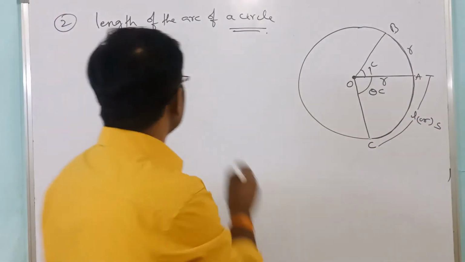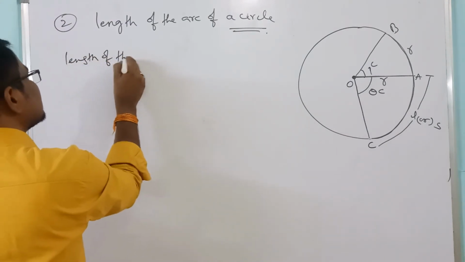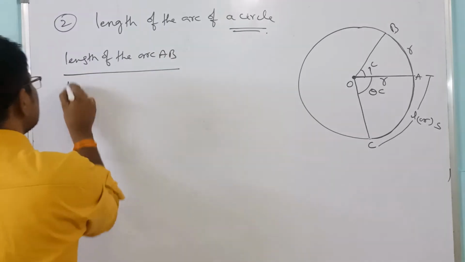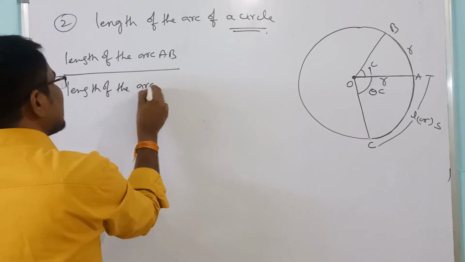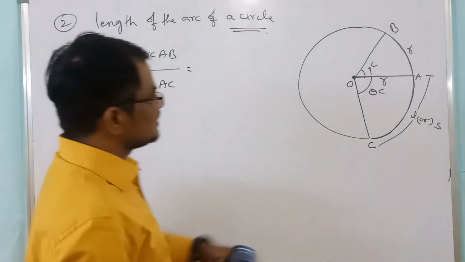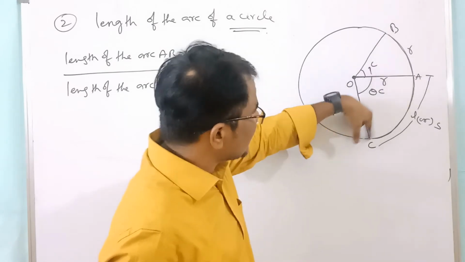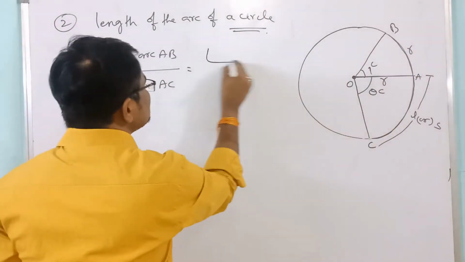Now once you see, length of the arc AB divided by length of the arc AC is equal to angle AOB divided by angle AOC, like this ratio I am taking.